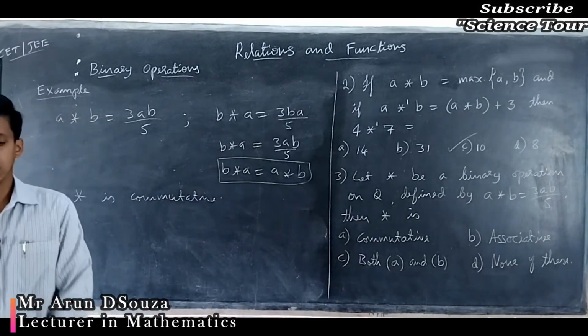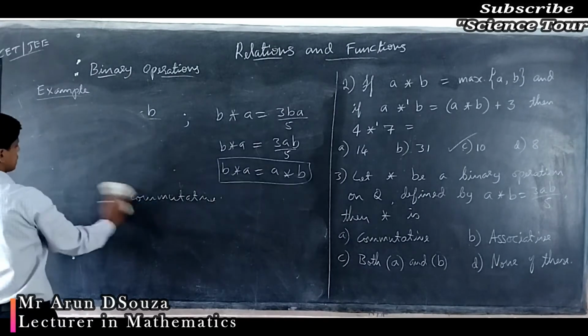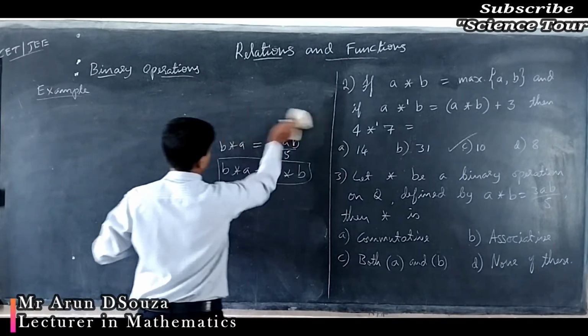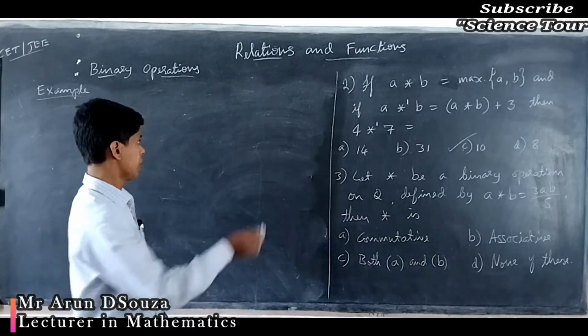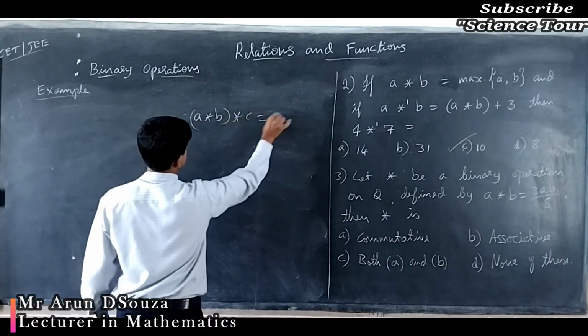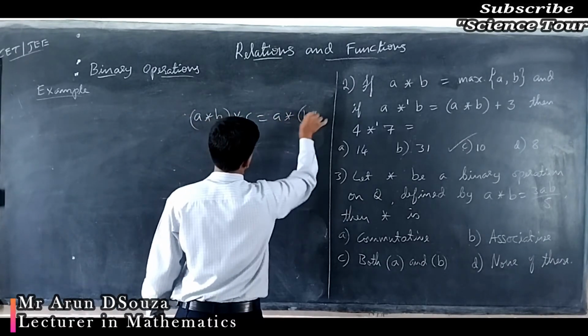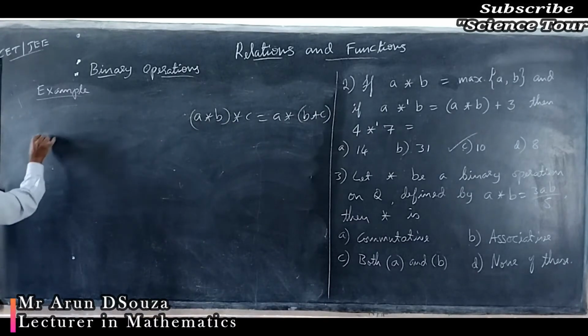Okay, so that is commutative. So what's next? Associative. Let's check that. When do you say a function is associative? If (A star B) star C is equal to A star (B star C). So let's start with the first one.